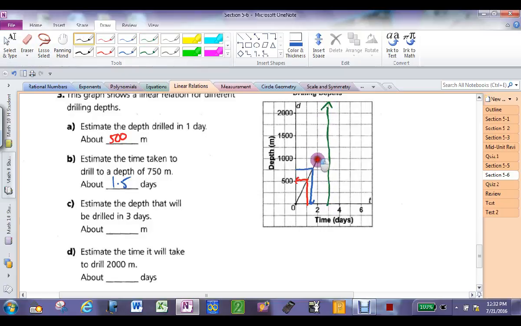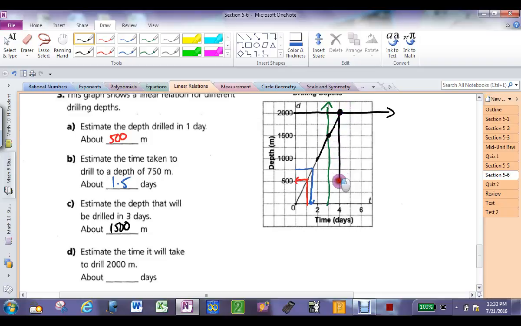So what do I got to do? Extend. I go over 1, up 2, over 1, up 2. There it is. So what is it? 1,500. 2,000 meters, is that on the graph? No, it's not. Over 1, up 2. Oh, now it is. Oh, look at that.